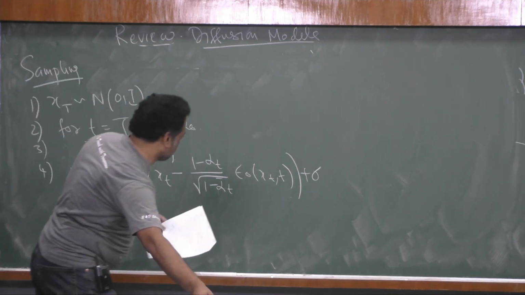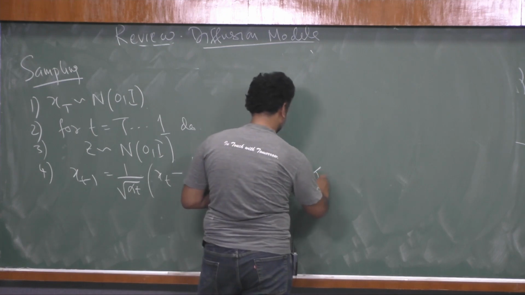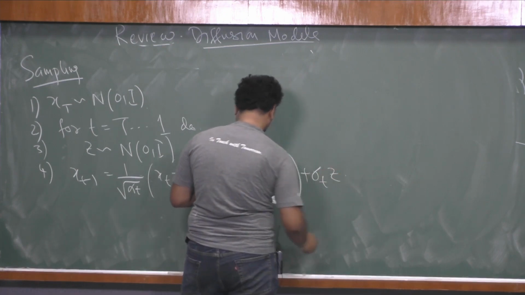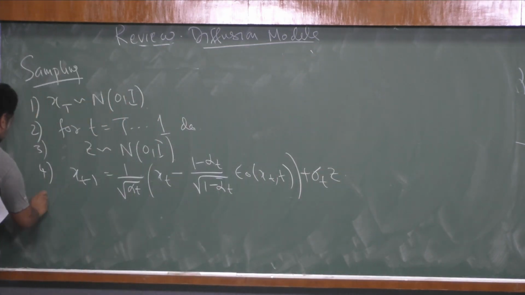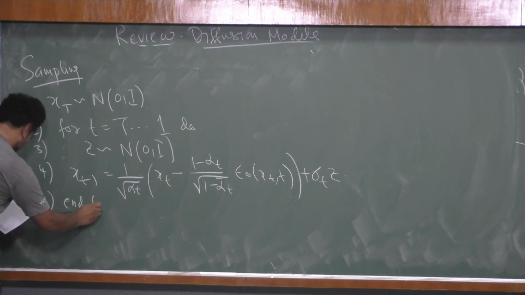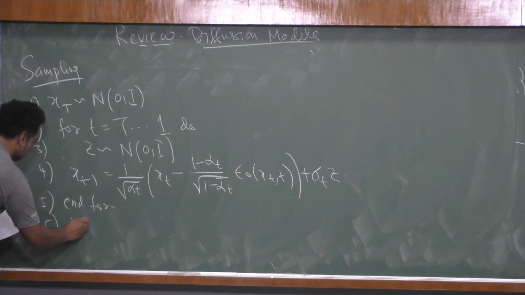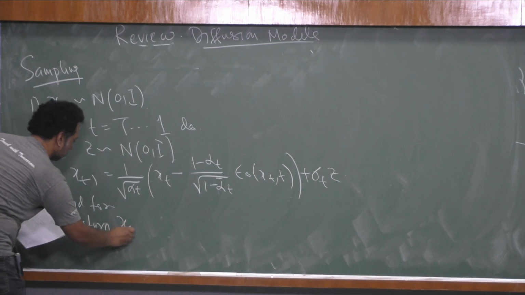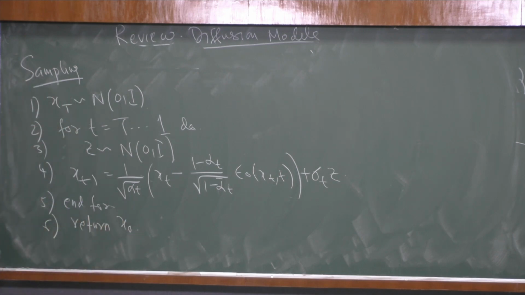Yeah, sigma t, I guess, right? So this is sigma t, and end for, return. Okay, so after I have done this, the hard part is the training part, and then I have started generating these x naught.